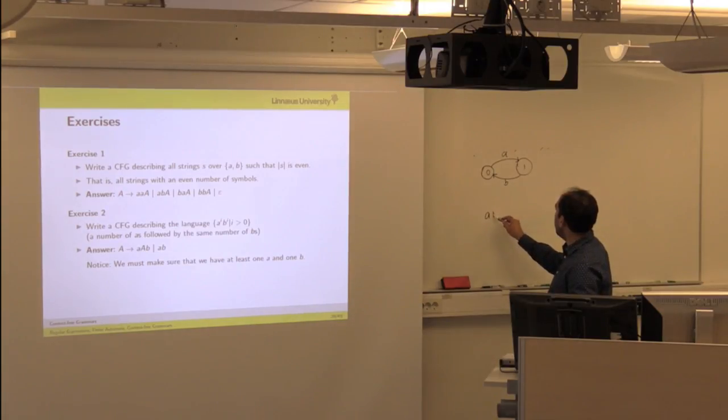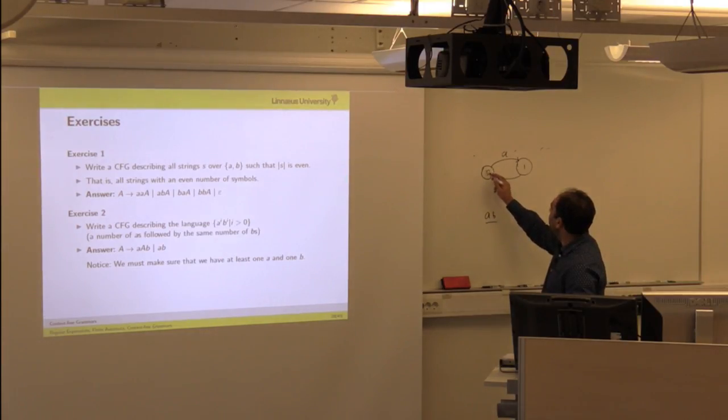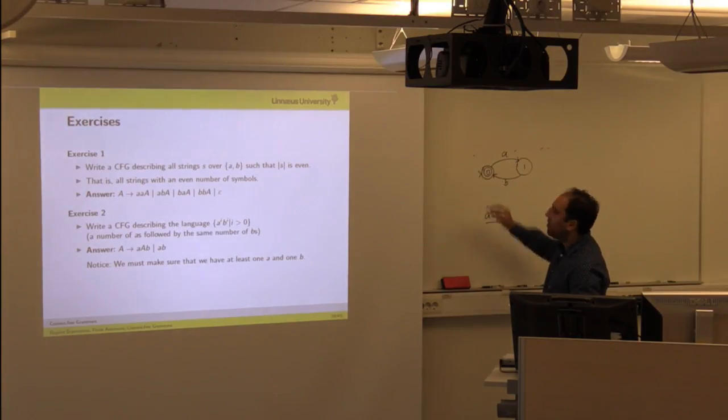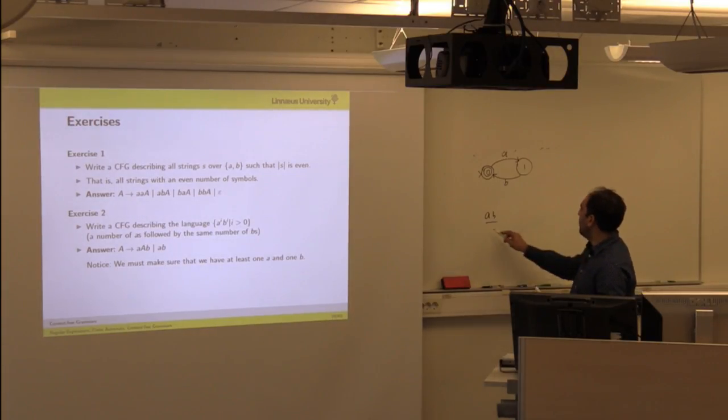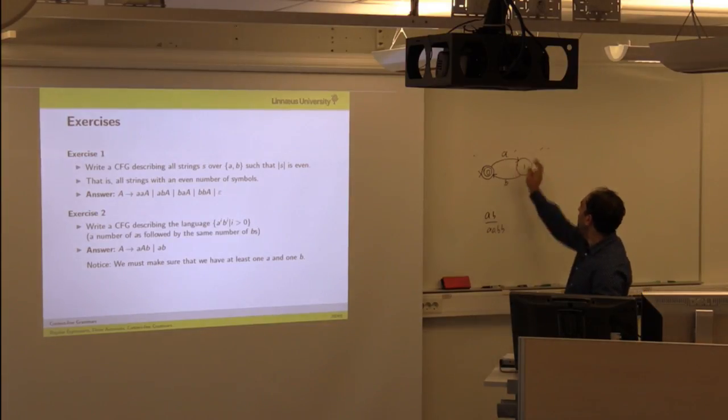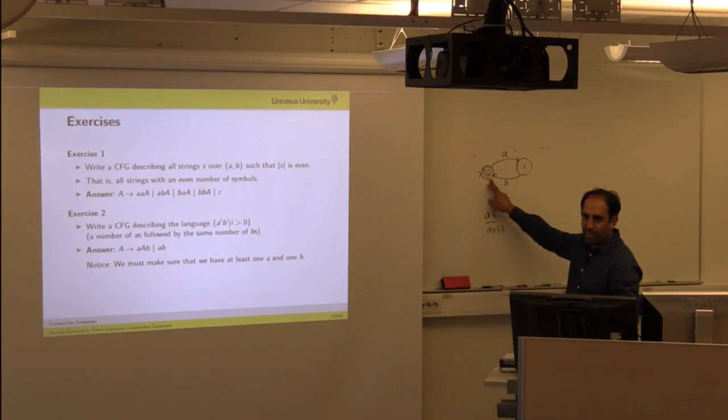In this way we can get this part, and let's say this is both our initial and final state. This is our initial and final state. We cannot stay here. However, what about this one? A, B, but we are in the final state. We cannot get one.